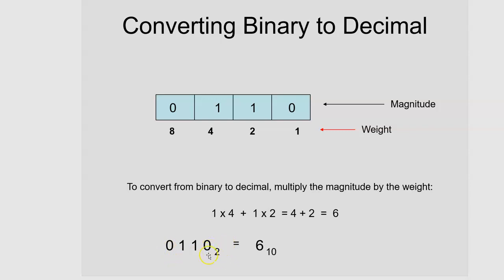I have to show what base I'm in, so I subscript this with whatever base this is. This is the base 2 number. So the binary number 0, 1, 1, 0 is equal to 6 in our number system, base 10.